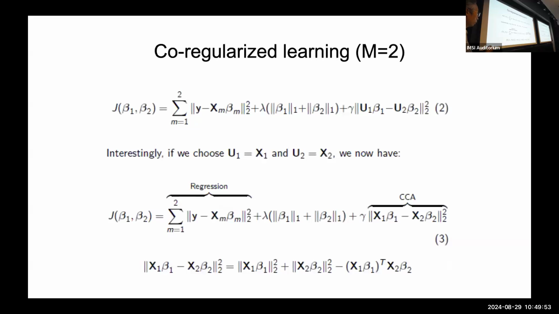Let's look at two data sets. If we take U1 and U2 to be X1 and X2, we can find that the last term is actually a CCA term, and the second term can enforce sparsity or smoothness to consider the structural information in the data.